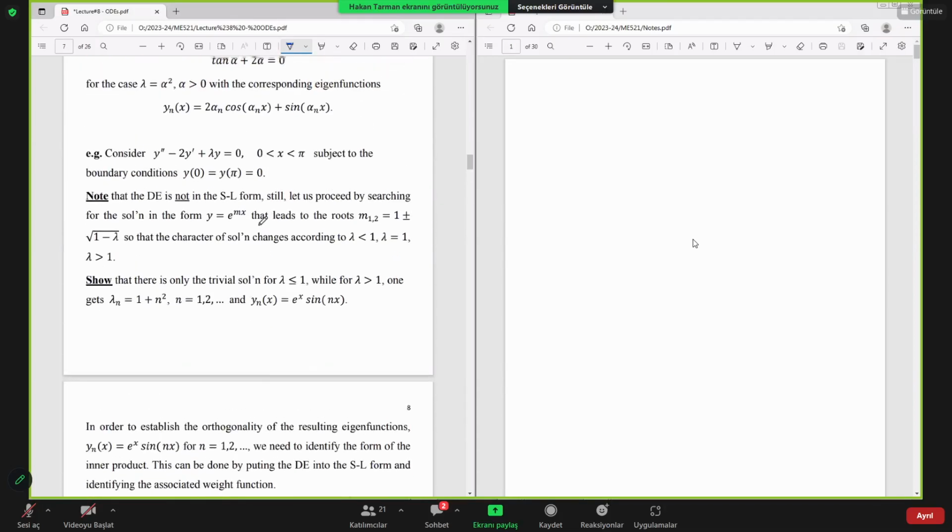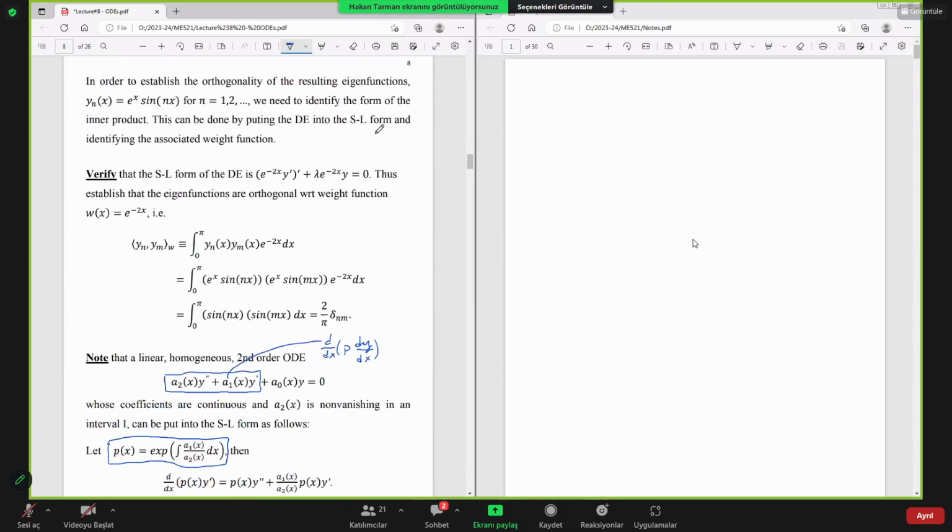We solved this problem. Originally, it is not in SL form, right? So we cannot identify P, Q and omega.